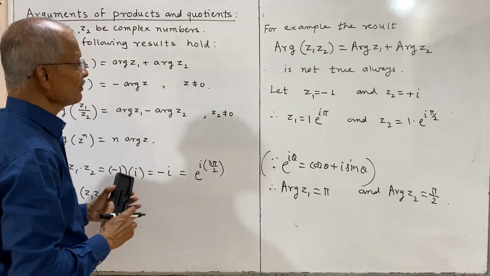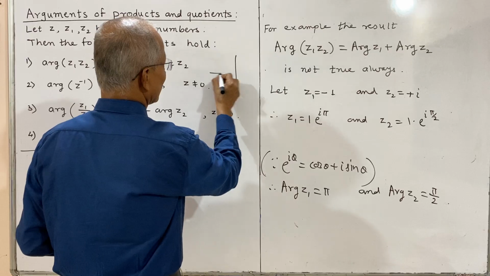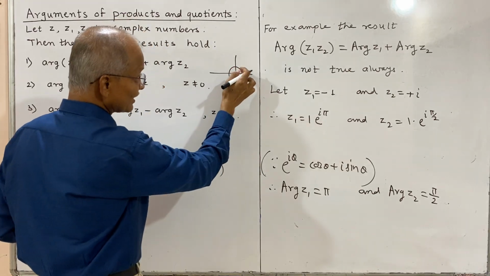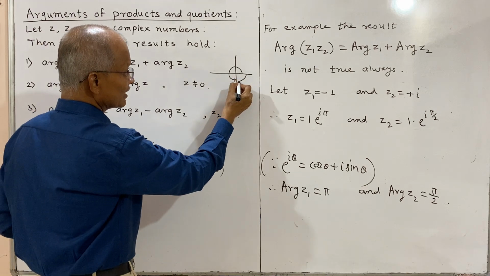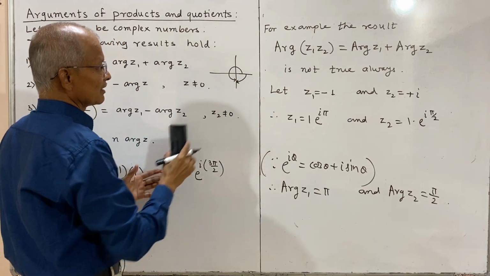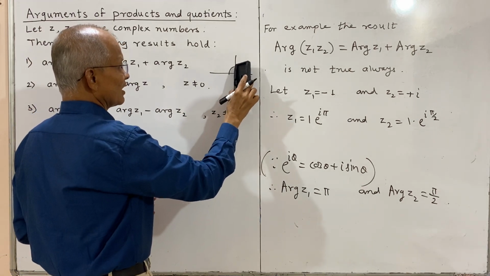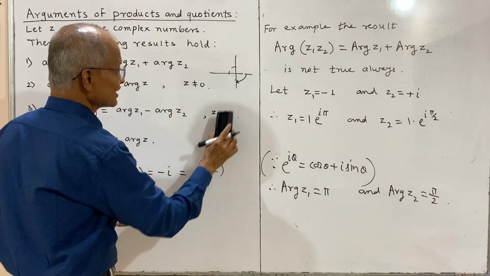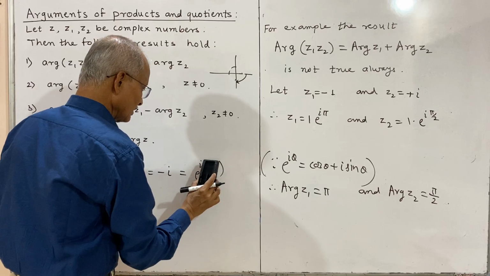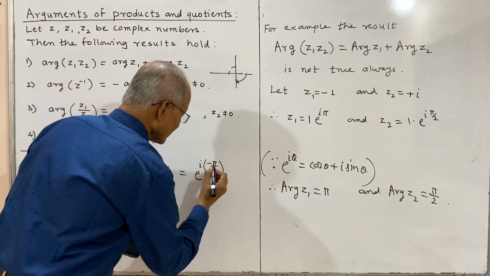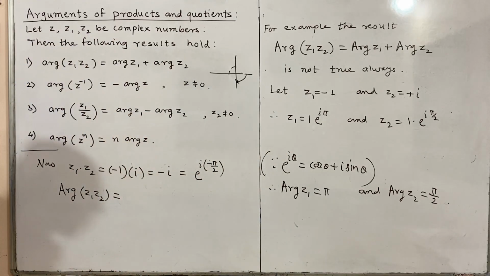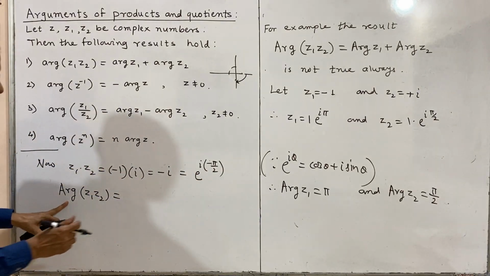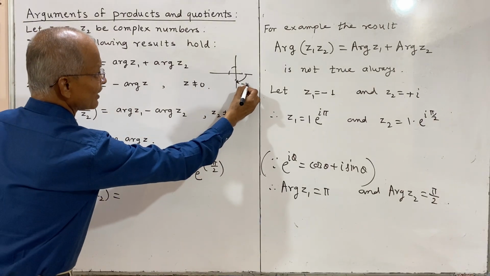Instead of taking the angle 3 pi by 2, we consider it in the other sense to get the principal argument. So I shall write this as e power i into minus pi by 2, and thus the principal argument of z1 z2 is -pi by 2.